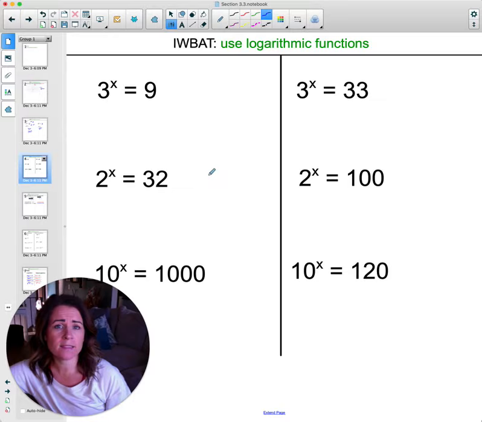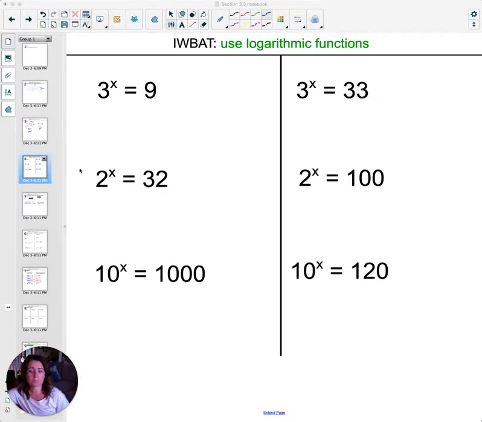So let's then take a look at a couple of these. So we've got in this first column here some pretty simple exponential equations to solve. So we've got 3 to what power gives us 9? Well, 3 to the second power gives us 9, so you probably know that that one's 2. Solving this one, 2 to what power is 32?